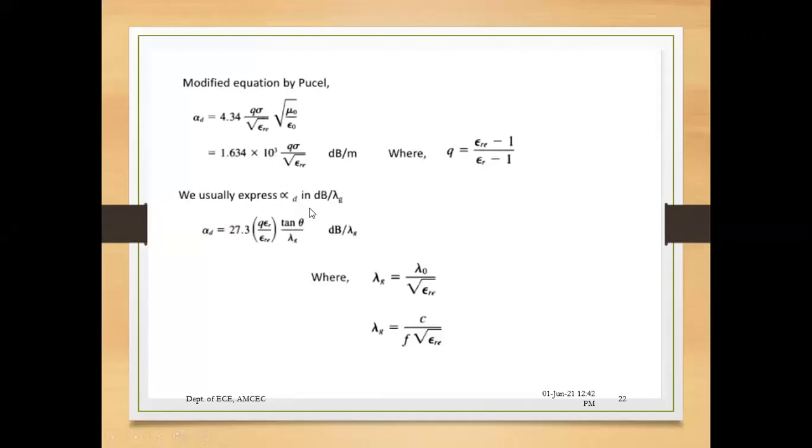You express alpha d in terms of dB per lambda g. That is what you have derived now, considering omega values and substituting here, which is 27.3 q epsilon R by epsilon Re tan theta by lambda g in terms of dB per wavelength, where lambda g is lambda naught divided by square root of epsilon Re, or if you substitute for free space wavelength, it is c by f square root of epsilon Re.